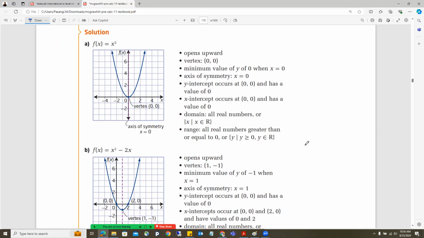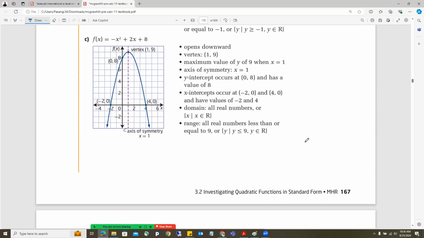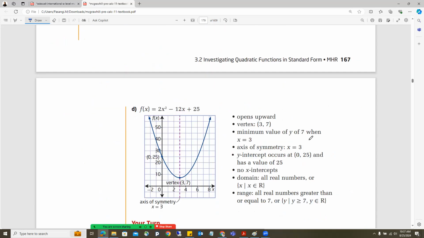Now it's clear for you. See here, the vertex value is 7. And here, how to define the range: y is greater than or equal to 7, where y is a real number. You should provide all the answers in this manner.